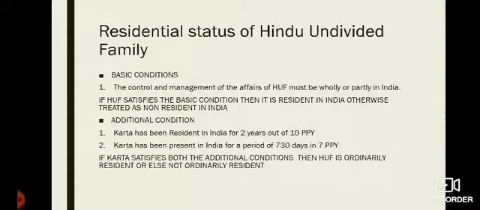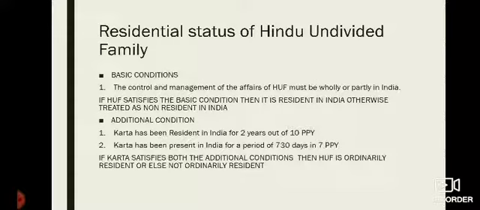If the control and management is done wholly or partly in India, it is known as resident. To know whether it is ordinarily resident or not ordinarily resident, we have to check the additional conditions. The additional conditions are not applicable to the Hindu undivided family, but they are applicable to the Karta, that is the head of the family.